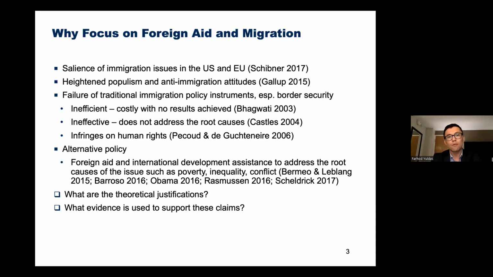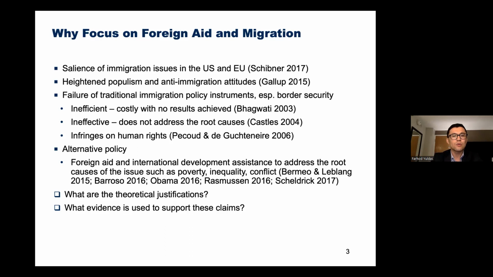So with this kind of failure of immigration policy instruments, there have been alternative policy proclamations by both policymakers as well as scholars, arguing that foreign aid and international development assistance can actually address some of the root causes of why these people are moving across borders in search of better opportunities in advanced industrialized countries.